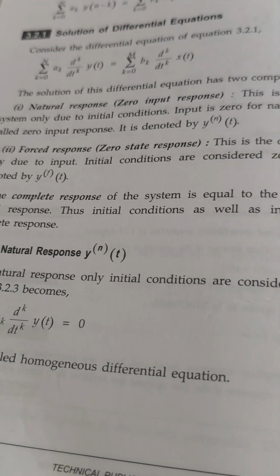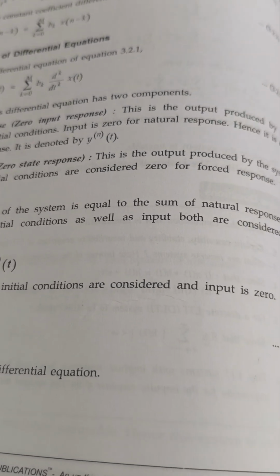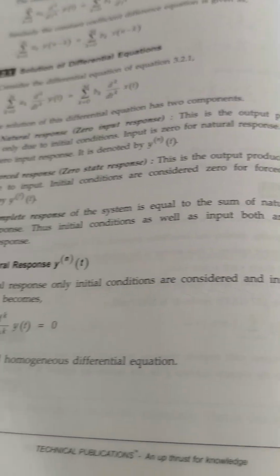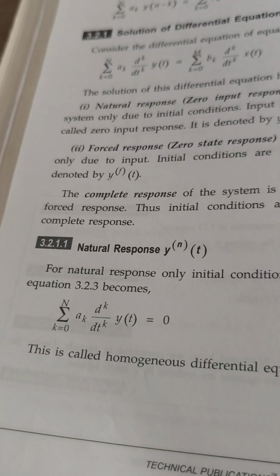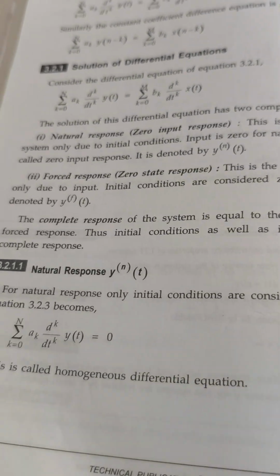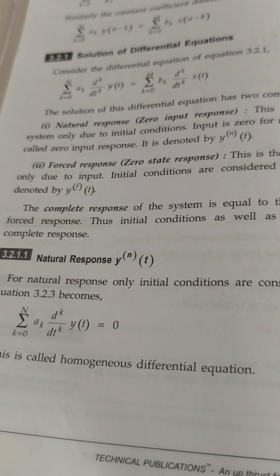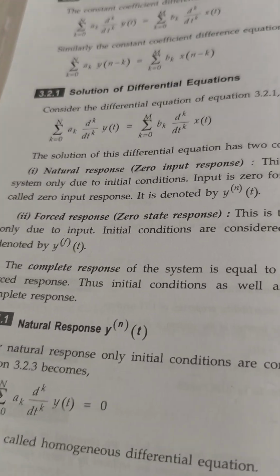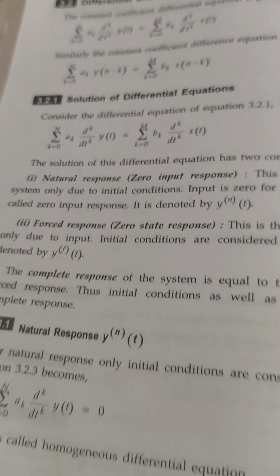Then the complete response of the system is equal to the sum of the natural response and the forced response. The sum of these two responses is the complete response of a particular differential equation.